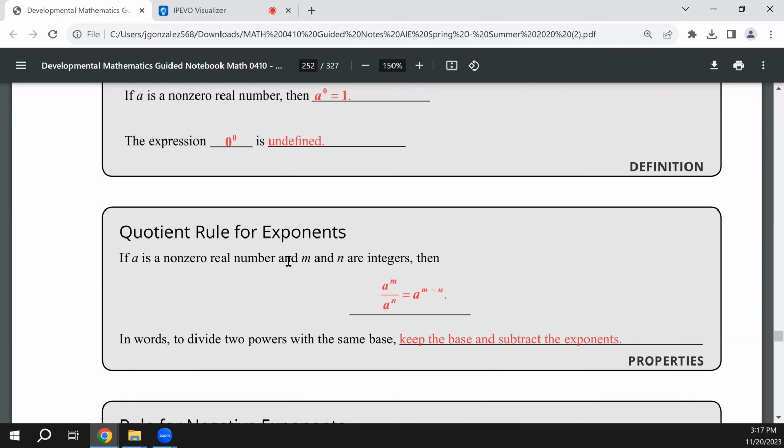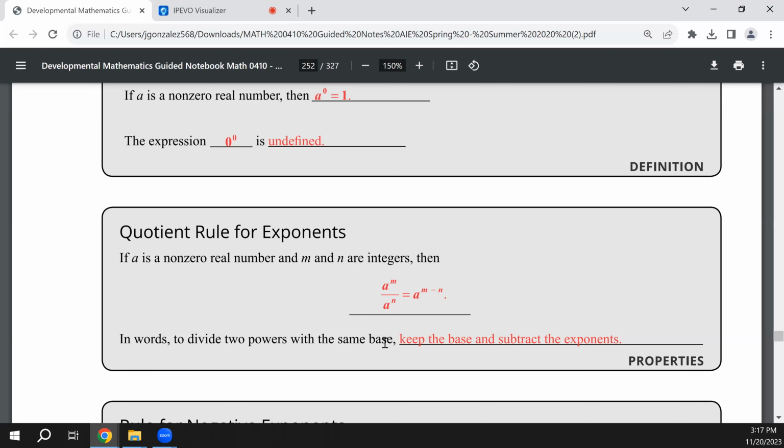All right, the next one, this is the one for division. If you're dividing two variables that are the same base, you'll subtract the power on the top by the one on the bottom. So, m minus n. It will always be that way. Just be careful with the signs.